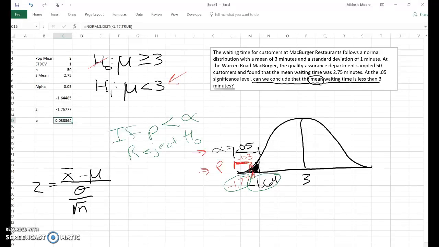Well, in that case, our alpha is bigger than p, and we would fail to reject the null. So a p-value of 0.03 is okay, but it's not really strong. If we had a p-value of 0.00001, we would be extremely confident in our choice to reject the null and accept the alternate. So that's the strength of the p-value.